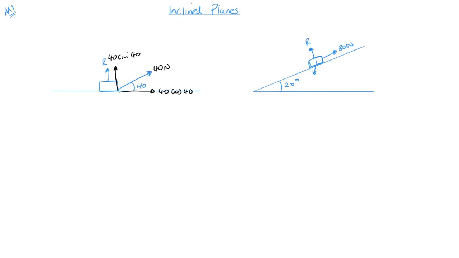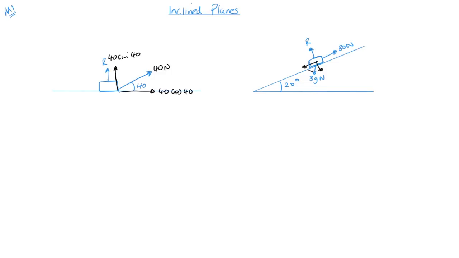So for example, if this one is 3g newtons because it's 3 kilograms, then resolving it perpendicular and parallel to the plane would give me this.